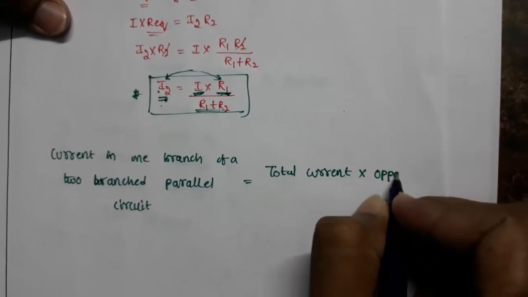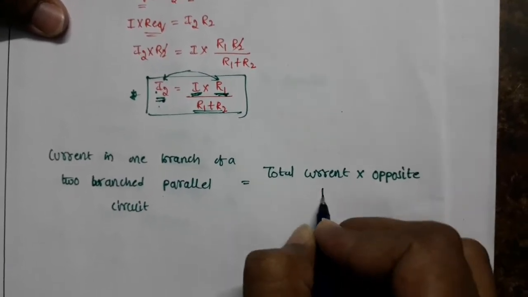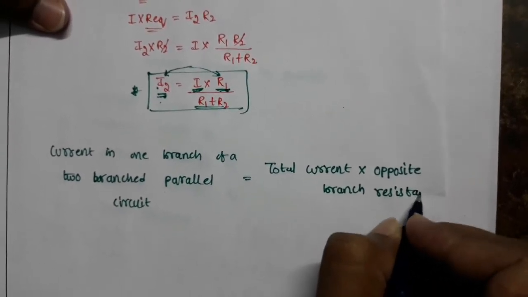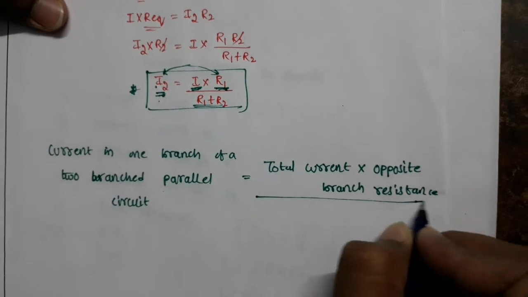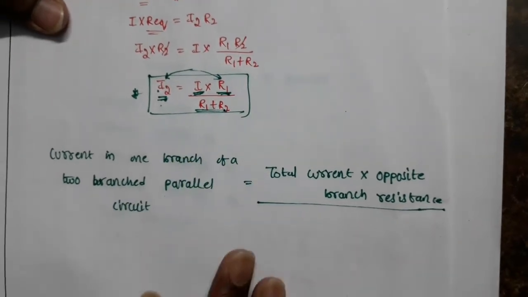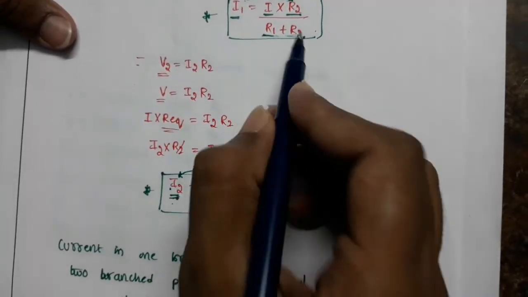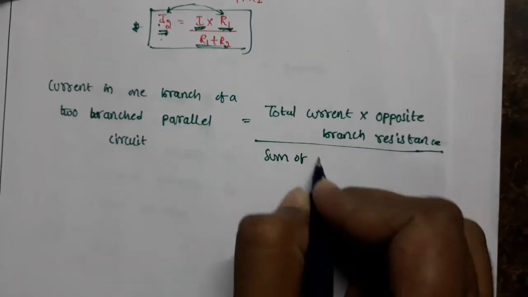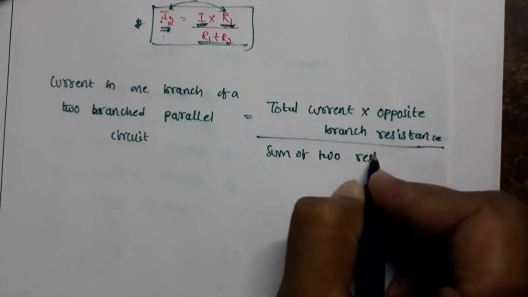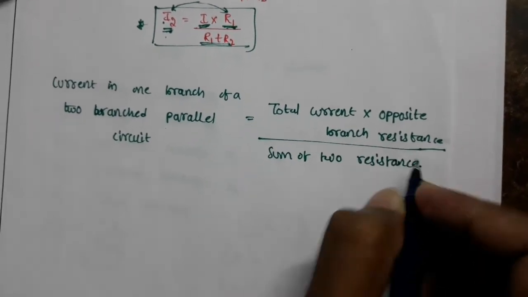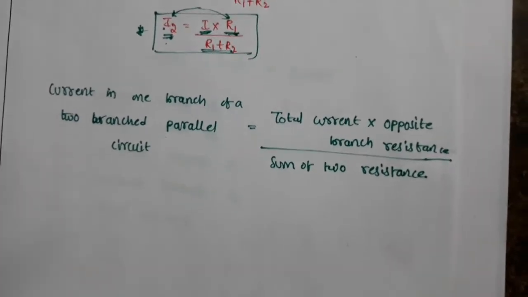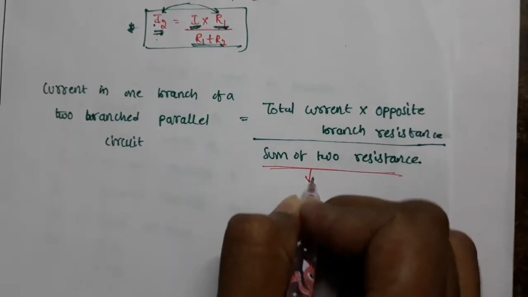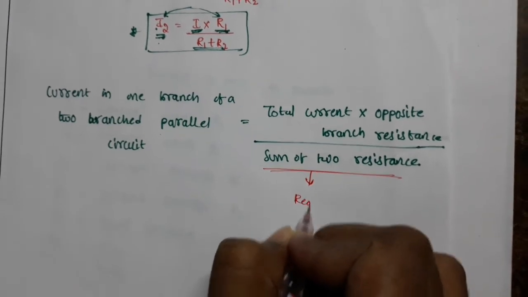So opposite branch resistance divided by sum of two resistances. Here also sum of two resistances, that is R1 plus R2. Friends, here sum of two resistances is not equivalent to R equivalent.